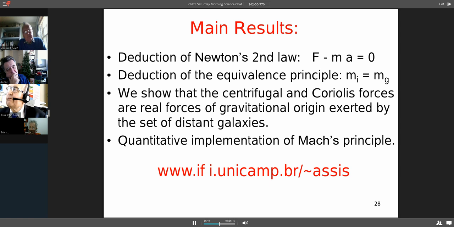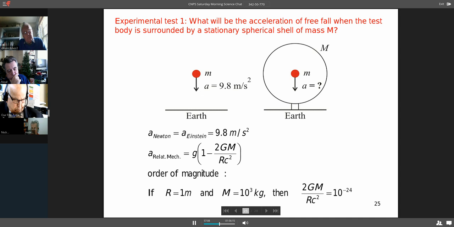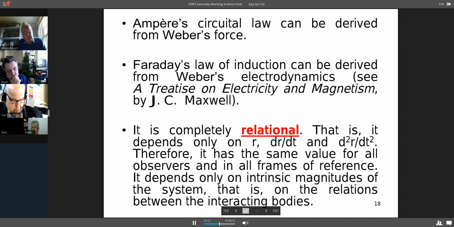But here, the question would be: is Weber's formula for force derived based on the very principle of invariance or contravariance or whatever, that the separation, change of separation, and the acceleration of the separation is independent of the coordinate systems?